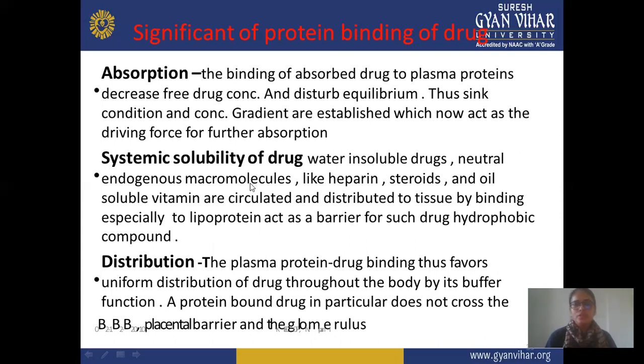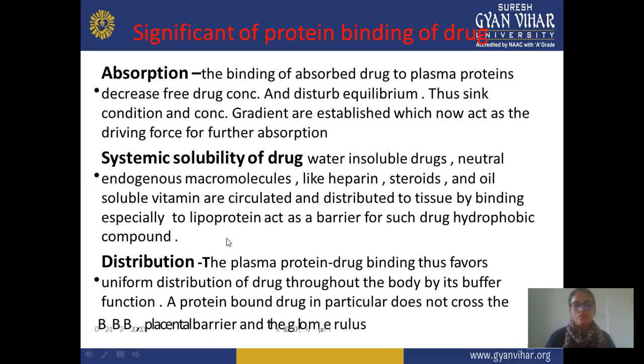The distribution or solubility of these drugs is more compared to any other compound.